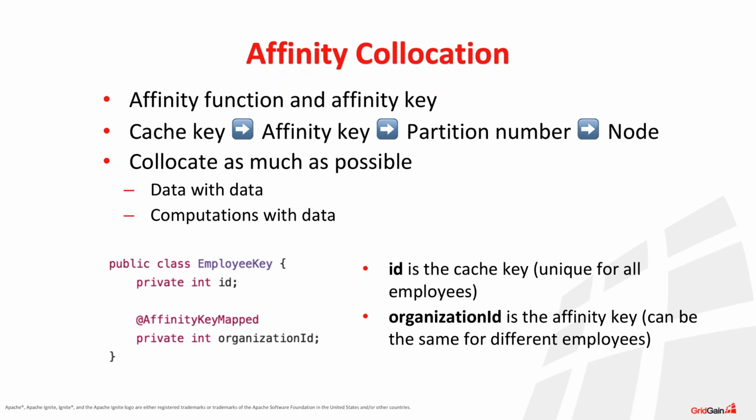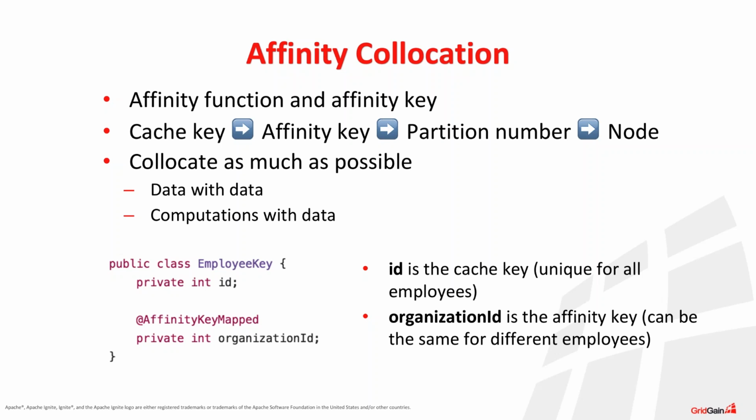Like for example, imagine you have an employee cache. So this is shown on the example at the bottom. Imagine you have an employee cache with employee objects, and every employee belongs to some organization, and you know the organization ID this employee belongs to.